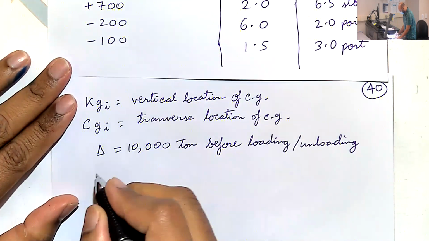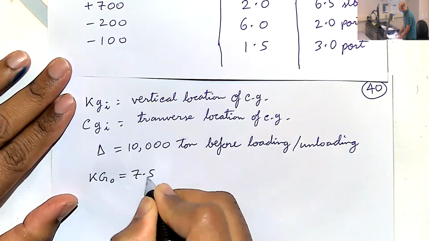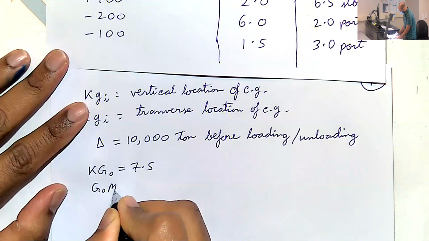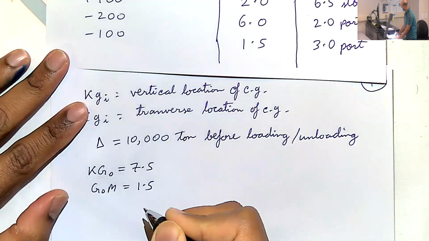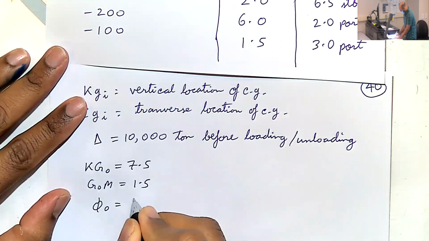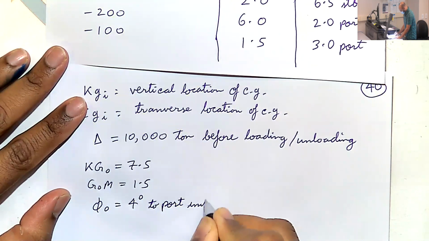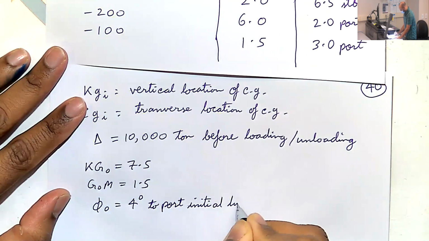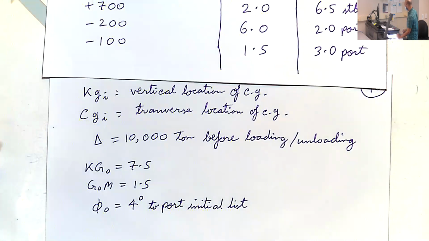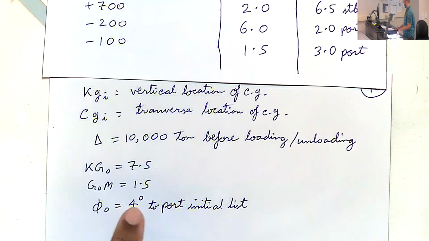And we're also told KG0 is 7.5, G0M is 1.5, phi 0 is 4 degrees to port. Okay, so before we even started moving stuff, there was a non-zero heel angle, list angle, of 4 degrees.